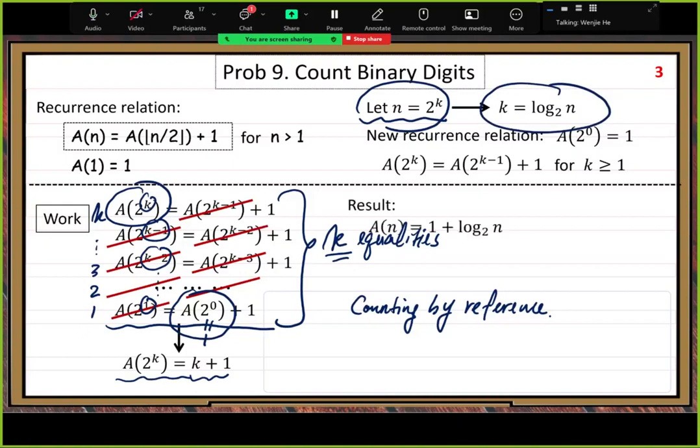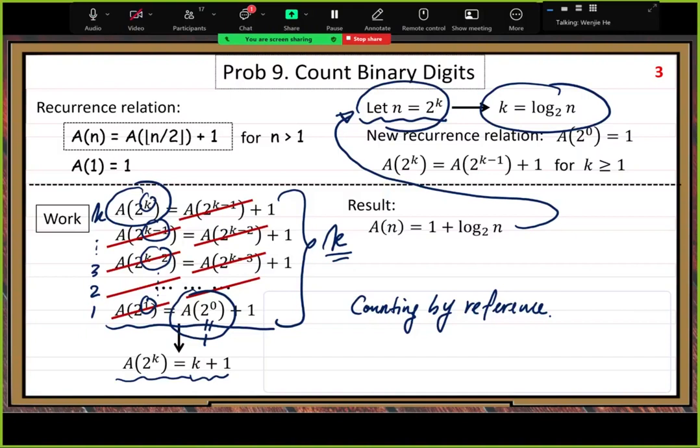So the final result, you get the final formula: a of n equals 1 plus log base 2 of n, but this is under the assumption that n is a power of 2. Then you can have this answer.